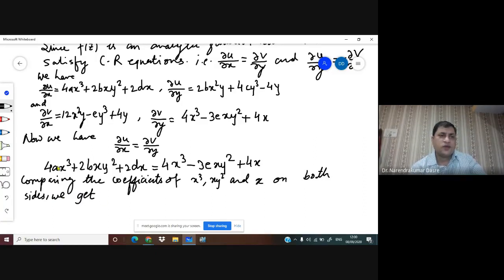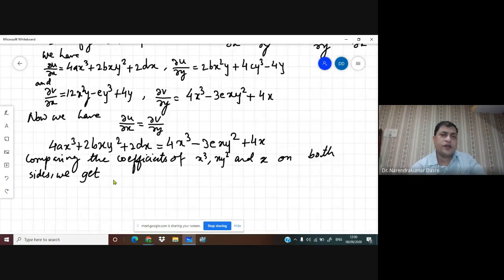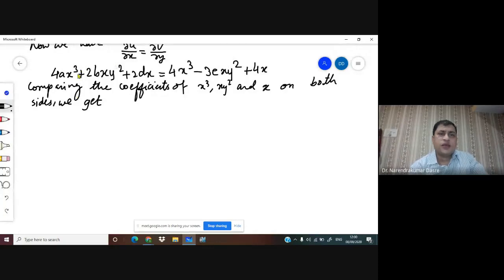Okay, so what we are able to get is here the coefficient of x cube. So we have 4a is equal to 4. The coefficient of xy square, so 2b is equal to minus 3e, and the coefficient of x, so it is 2d is equal to 4.